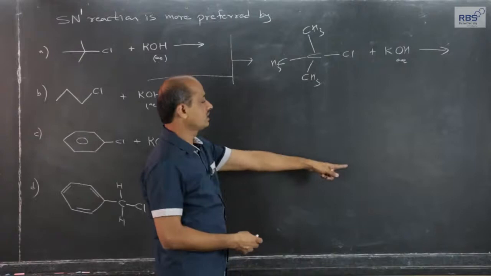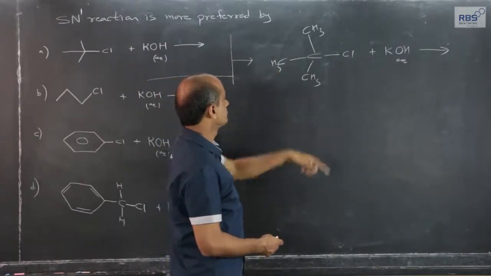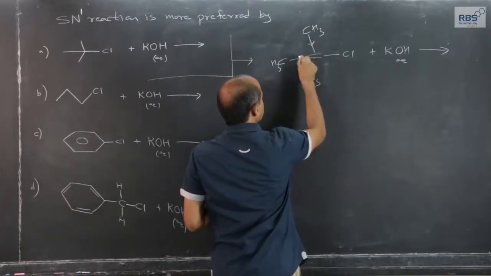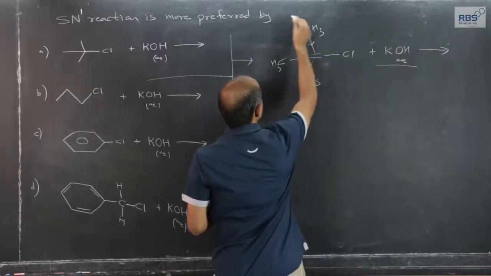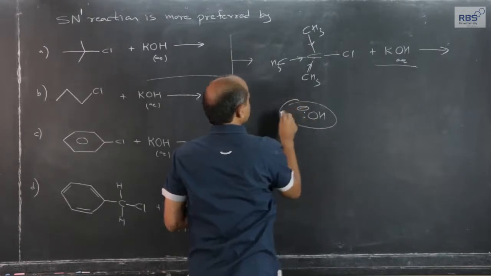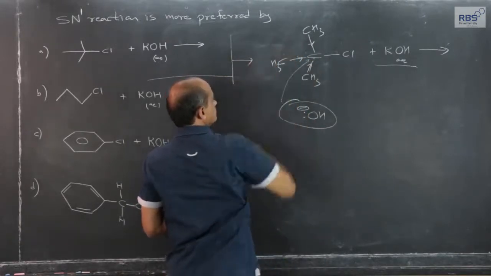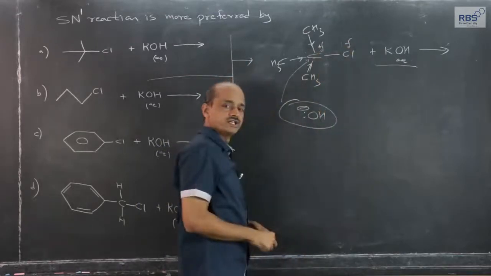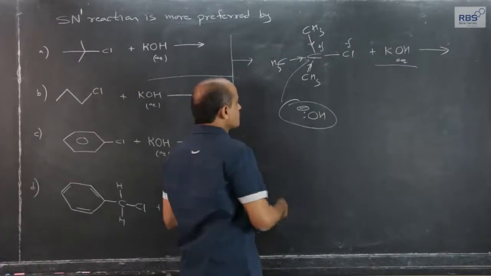Now, what I have just explained is applicable here. This is the alpha carbon with plus I effect. Free OH minus ion from KOH cannot attack this alpha carbon from the opposite side, although this is polar, delta negative, delta positive. Chlorine is more electronegative, slight shifting, partial charges, we have covered it.